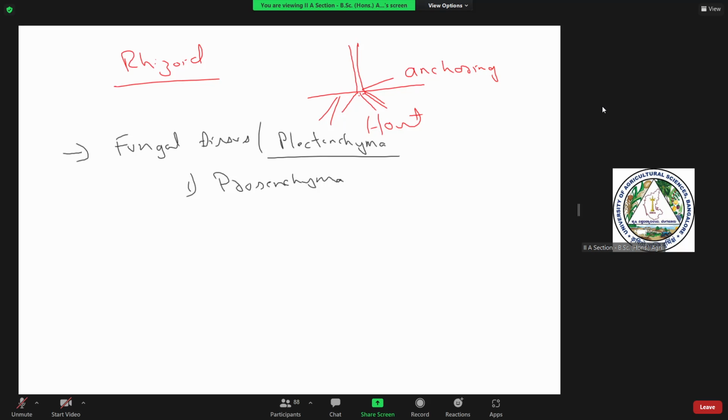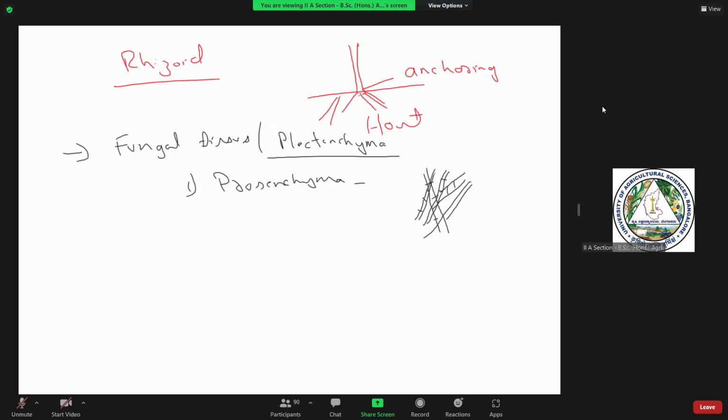A prosenchyma is basically tissue in which the individual hyphae are interwoven. Individual hyphae lie parallel to one another, with the cells elongated, and they are distinguishable.